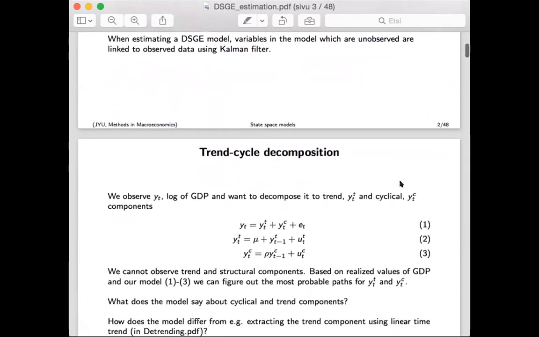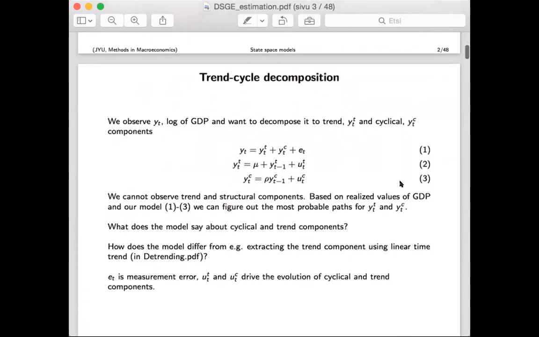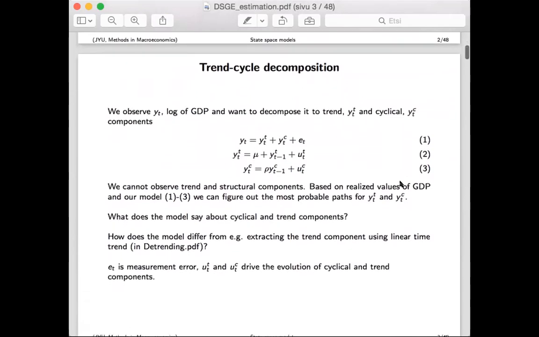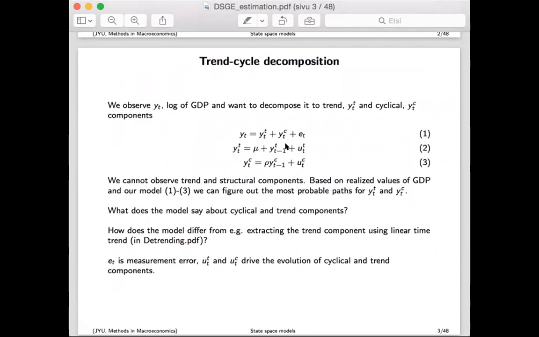Okay, let's see as an example trend cycle decomposition as an unobserved component model. We observe from data the log of GDP, which is deseasonalized, seasonally adjusted, and then we can assume that it consists of a trend component, a cyclical component, and some unexplained variation, which we can call measurement error.